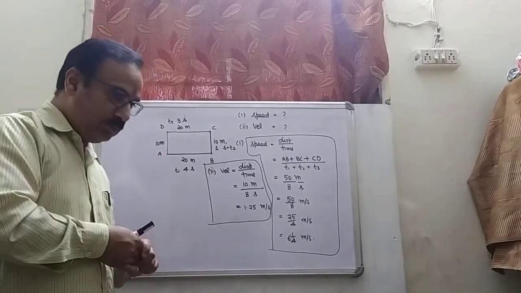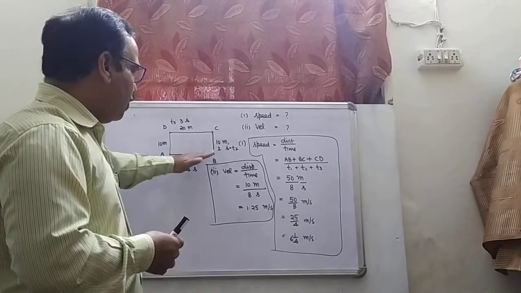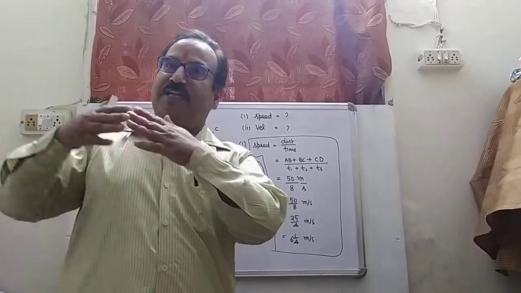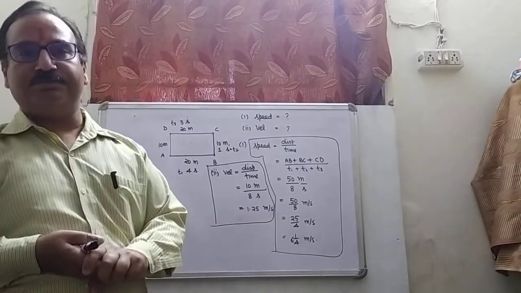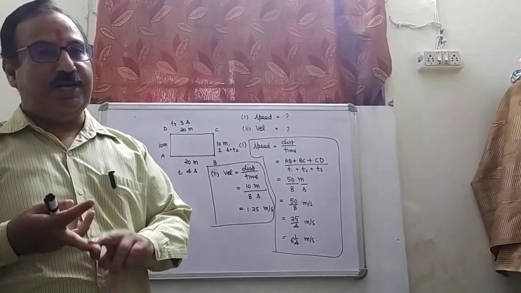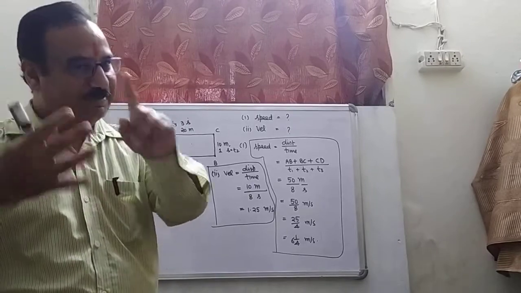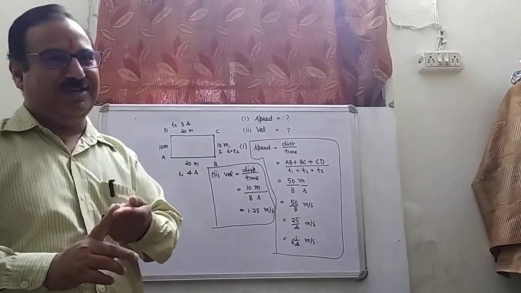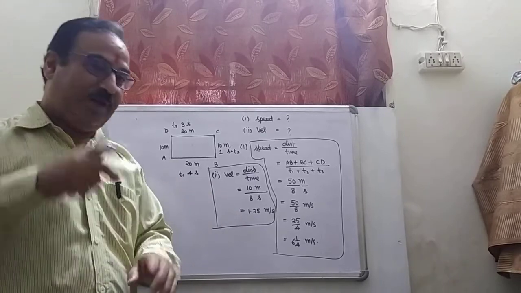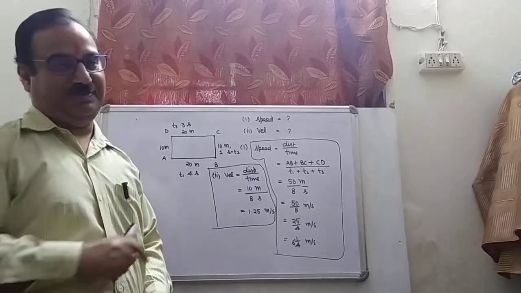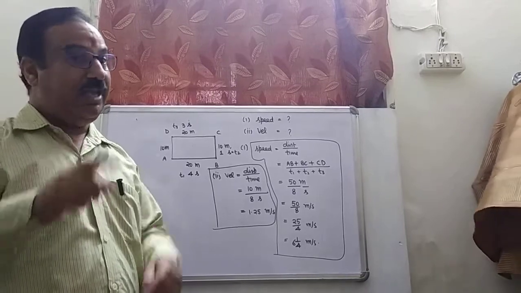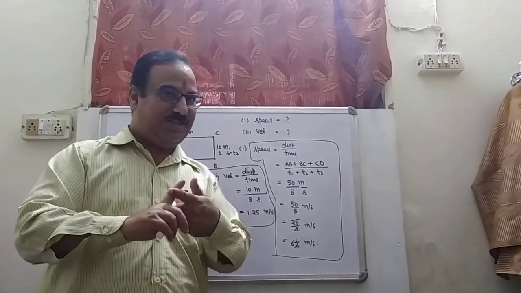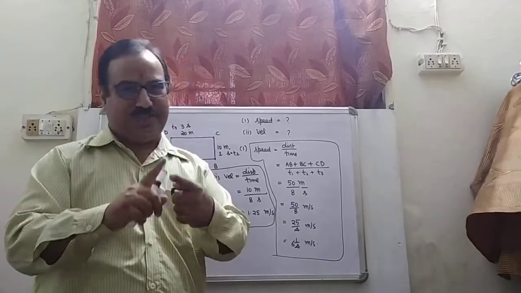But remember, if the object is not changing its direction, it is traveling in a straight line only, then speed and velocity remain the same, because the distance and the displacement will be the same. Remember, even in that scenario, the magnitude of the velocity will be equal to the speed.